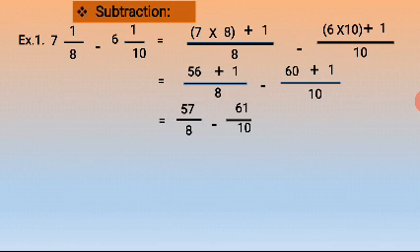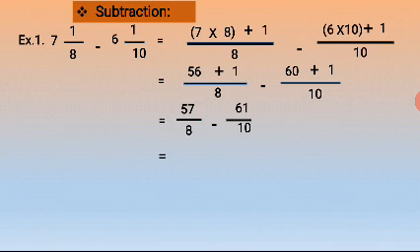So we take the LCM of 8 and 10, that is 40. So for the first fraction 57 upon 8, the denominator is 8, we convert this into 40, so we multiply this fraction by 5.